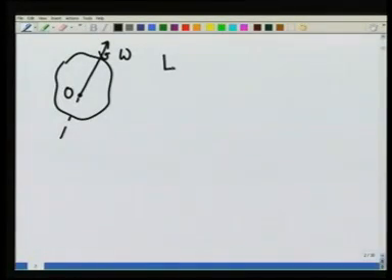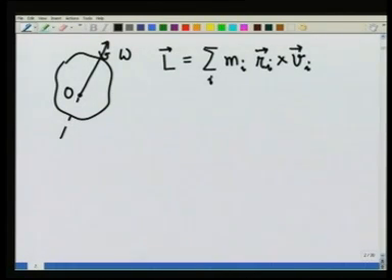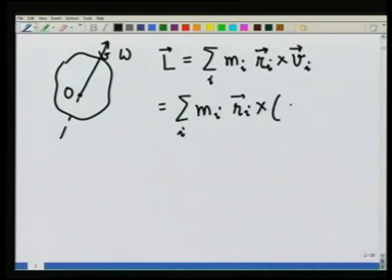Then the angular momentum L, which is defined as summation over all the points in the body which are moving, m_i r_i cross v_i, is written as summation over i of m_i r_i cross v_i, where v_i is dr_i/dt, and this is purely by rotation.